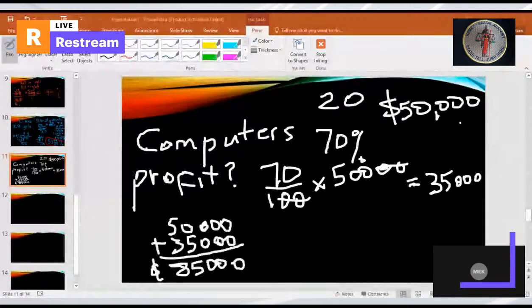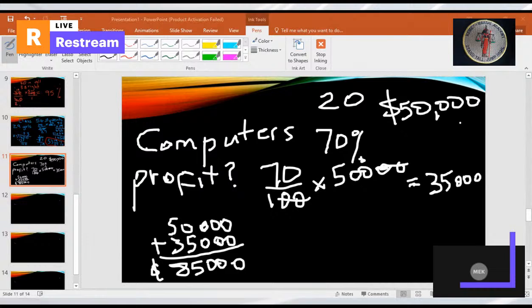So another way of looking at profit would be to say that you are taxing the goods. A tax is added to the goods. In concept, you work out the percent of the goods and you add it to the original cost. So profit and tax, you add.